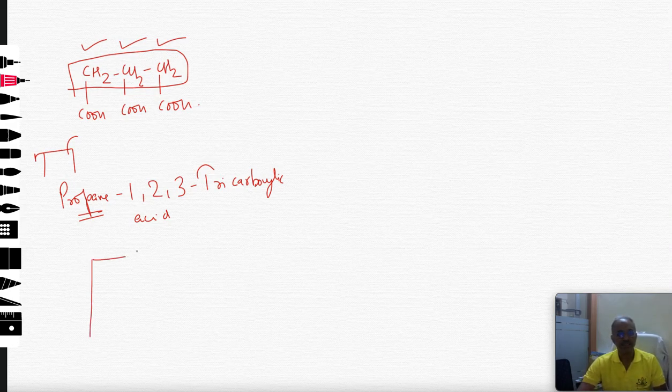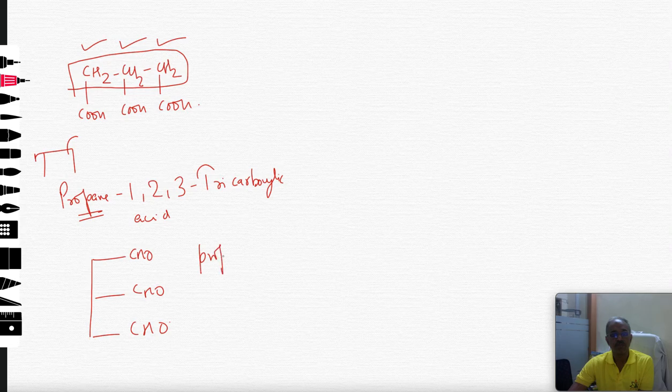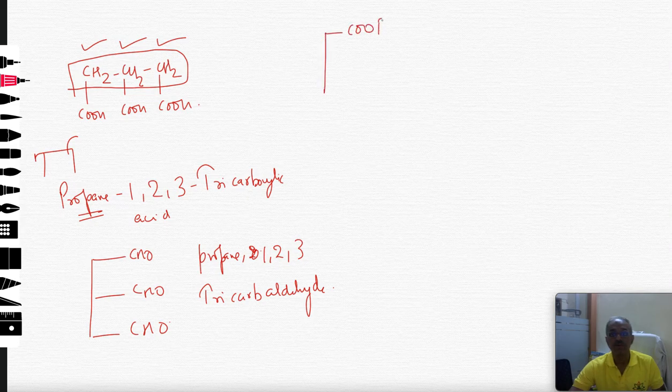Suppose like that, if it is CHO, fine. So it is propane 1 2 3 tricarbaldehyde. Similarly, suppose COOEt on each.